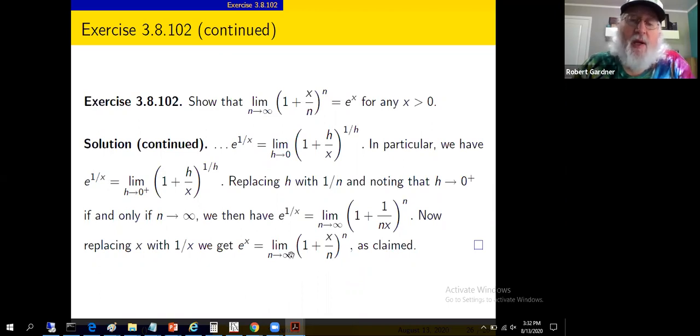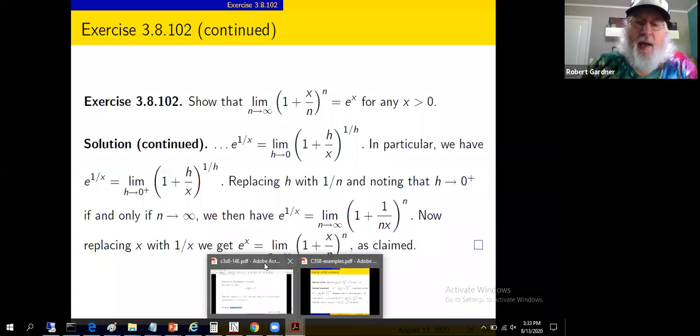So here we could plug in a large value of n and get an approximation of e. What we had previously was a limit as x approaches 0, and you could plug in numbers close to 0 to get approximations of e. Here's where we could plug in big numbers to get approximations of e, replacing the x with a 1 to get e to the 1 power, e itself.